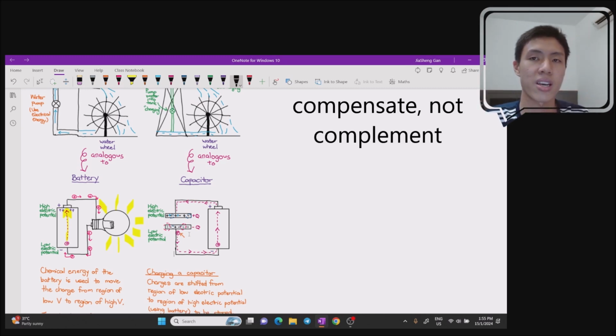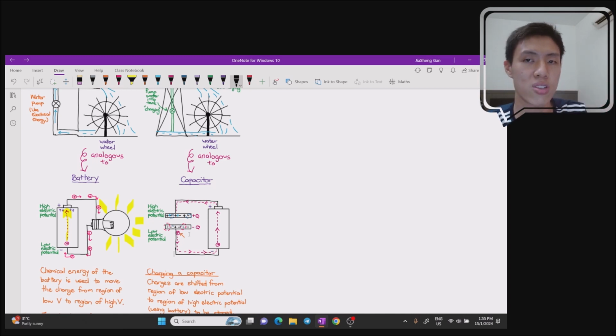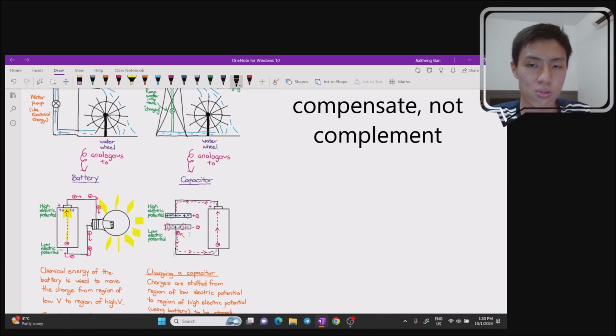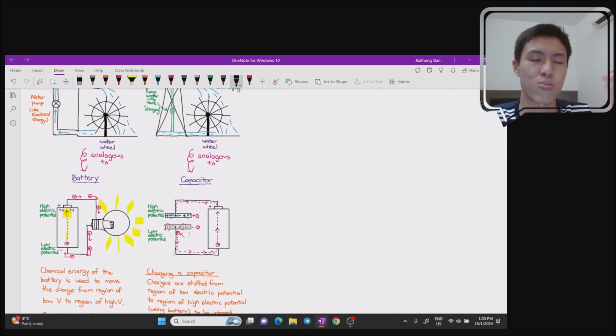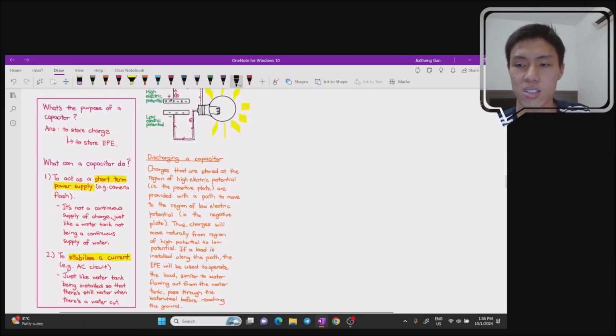When there's a drop in the amount of energy provided by the battery, the capacitor will be there to cover up or complement the amount of drop in energy that was provided by the battery. It doesn't exactly happen that way, but you can sort of think of it that way. So that's another purpose of a capacitor as well.